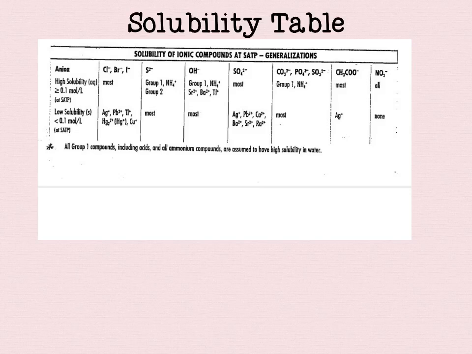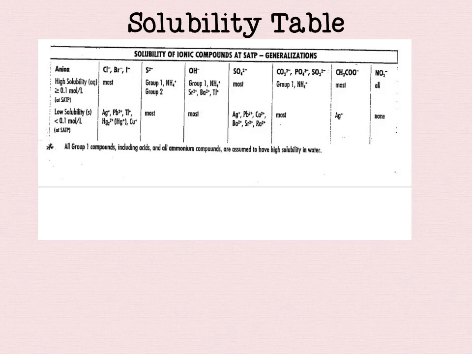The solubility table for ionic compounds is a very important skill in correctly writing down chemical equations that require you to fully use all the states. So picture the scenario. You have a beaker that contains an ionic compound that's a salt.